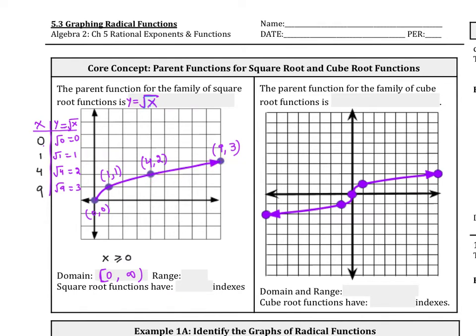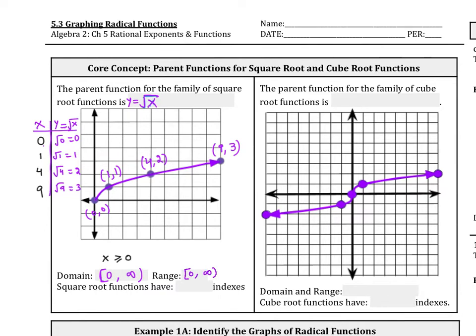So range means the y values, and y values again starting from 0, 0. So this is the y value and is going to go up and up and up, and it means that the y value is same as x value starting from 0 and going to positive infinity.